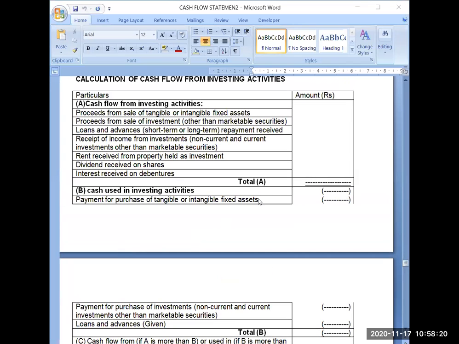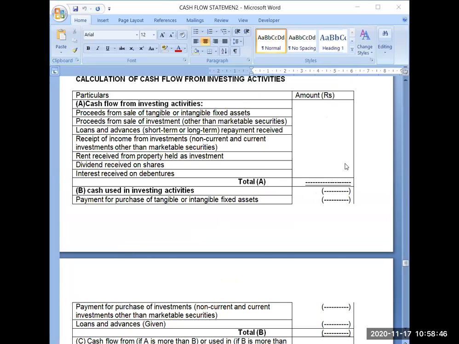So because these are outflows, we will show these amounts in brackets because it will reduce our cash and cash equivalents. So it will always be shown in brackets. Whenever your cash and cash equivalent is increasing, it will be written simply. But if due to some reason your cash and cash equivalents are reducing, then you will write these amounts always in brackets.